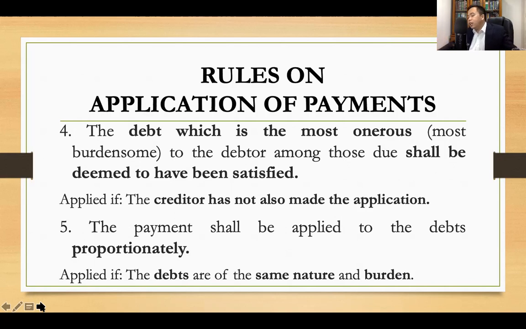Assuming that there is no most onerous, all of the loans are without security or without mortgage. How do you apply the payment made? Then it should be applied proportionately to all debts. Okay? Okay.